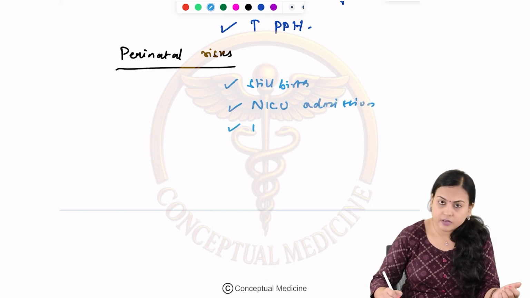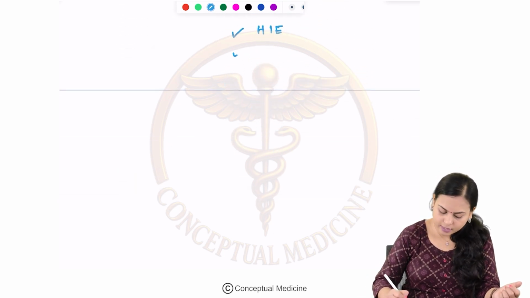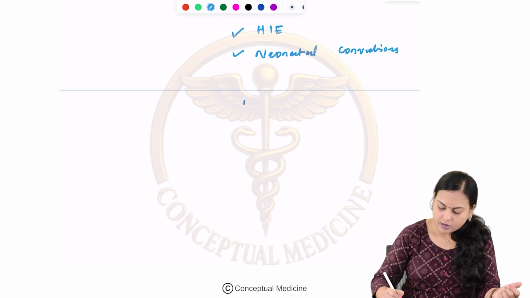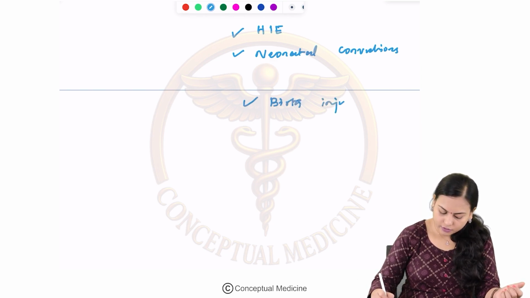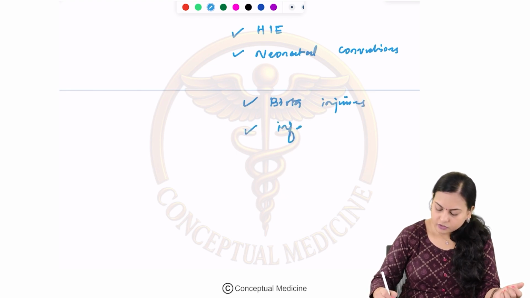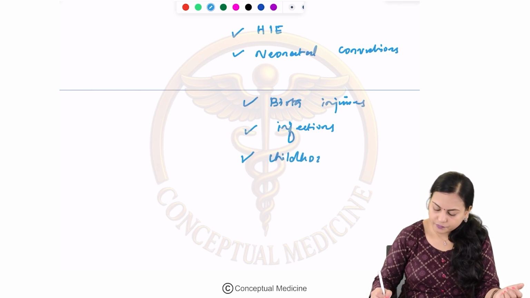Already we have seen it can result in meconium aspiration syndrome, and chances of hypoxic ischemic encephalopathy are also increased, and that may result in neonatal convulsions. If suppose there is macrosomia, birth injuries are going to be there, okay, and there can be chances of infections as well as childhood obesity.